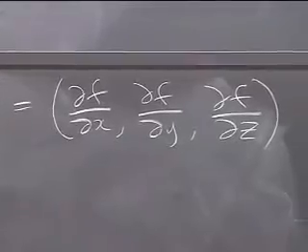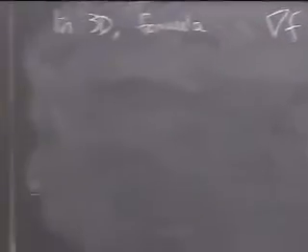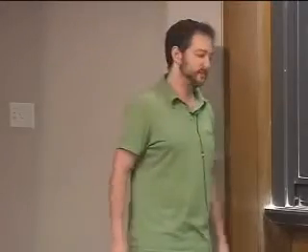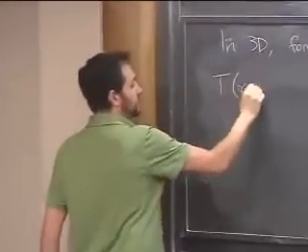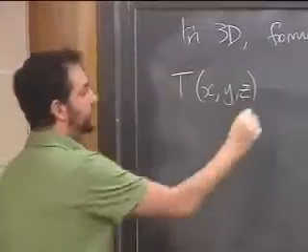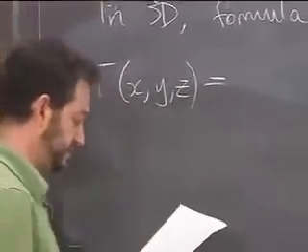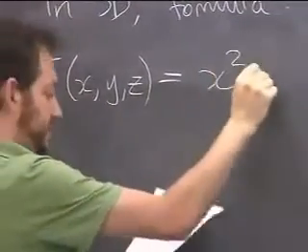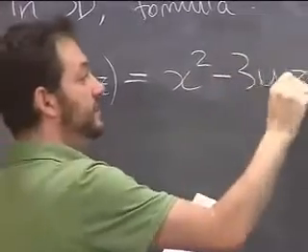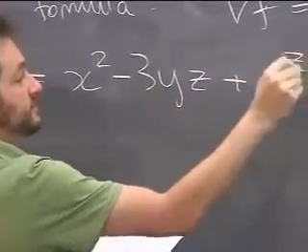It says that you're in outer space, and the temperature, for some bizarre reason, at different points in space, with respect to some coordinates, which don't really exist because of relativity, but never mind, is given by the mysterious function x squared minus 3yz plus e to the z.